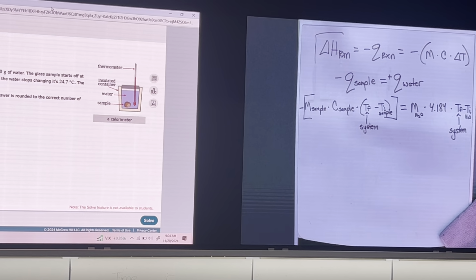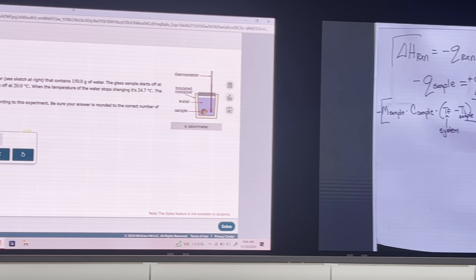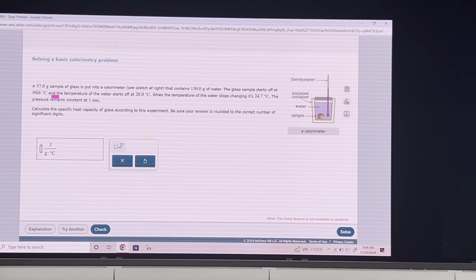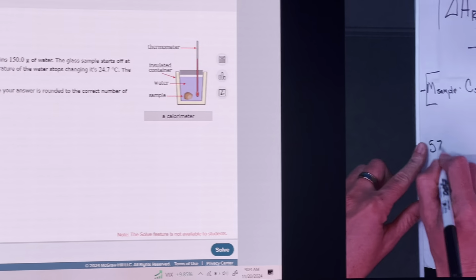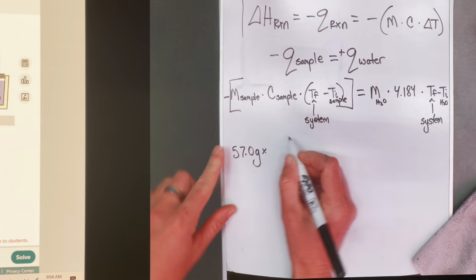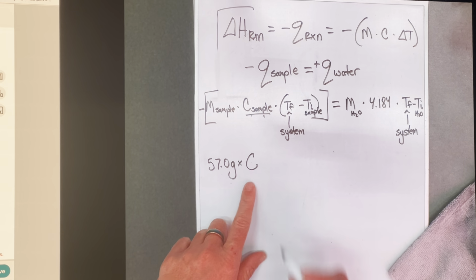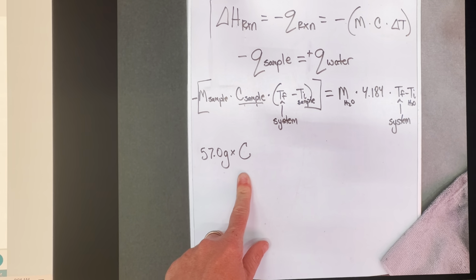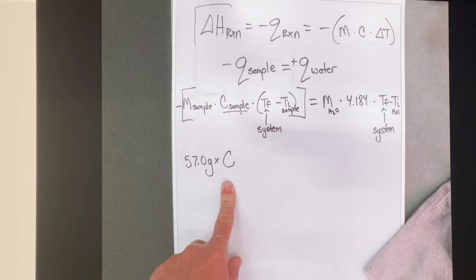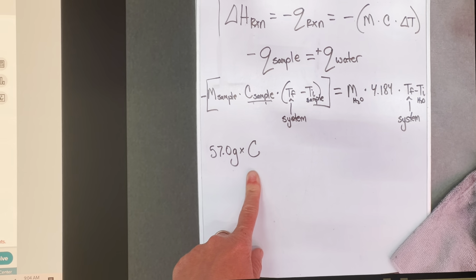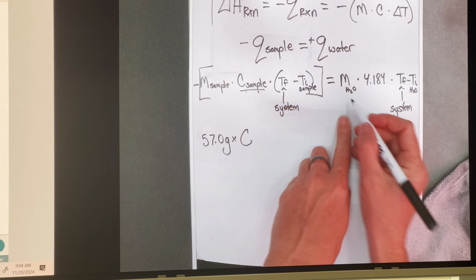Okay, let's plug our numbers in. All right, so we've got a 57-gram sample of glass, that goes here, times the thing it wants us to find. It wants us to find the specific heat capacity of the sample. So we put it in a calorimeter, and we have 150 grams of water, that's over here.